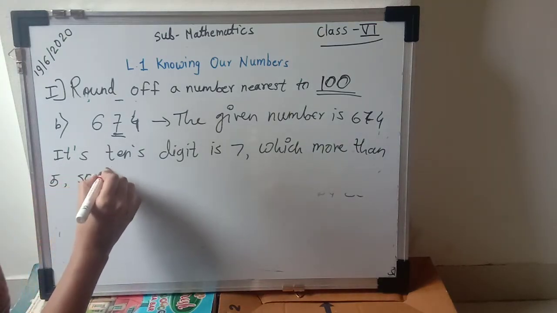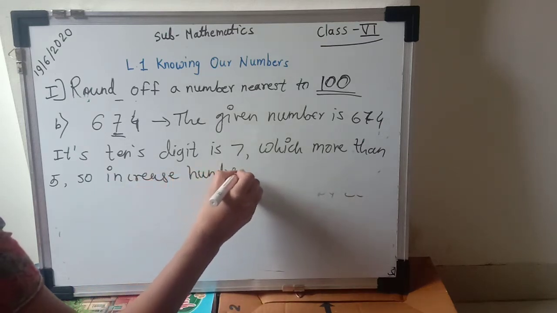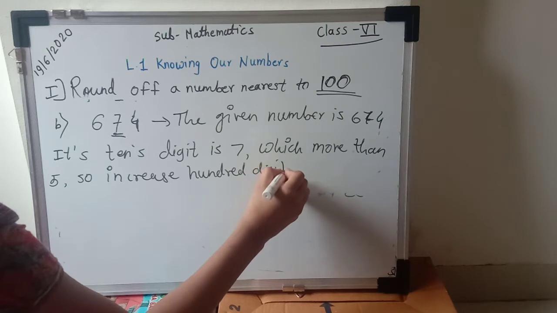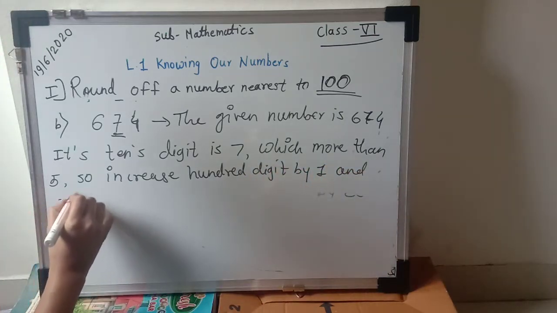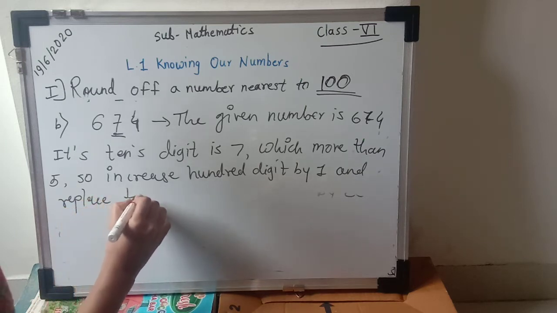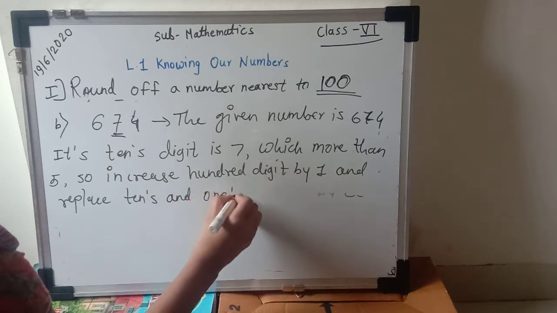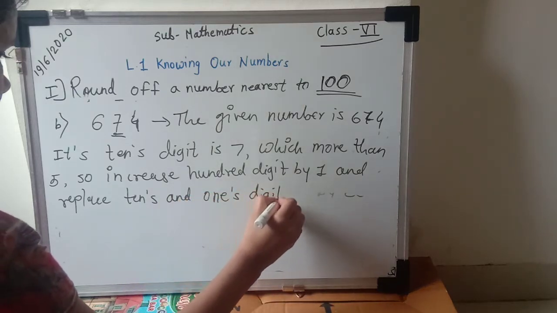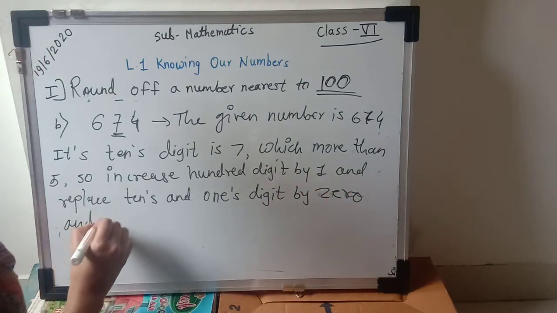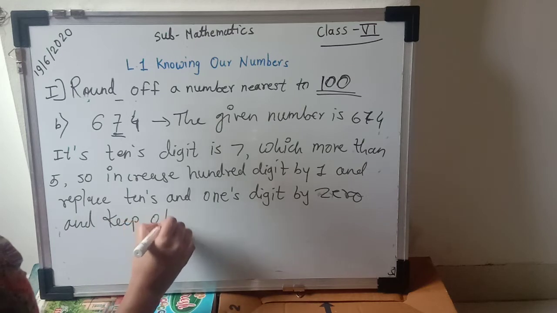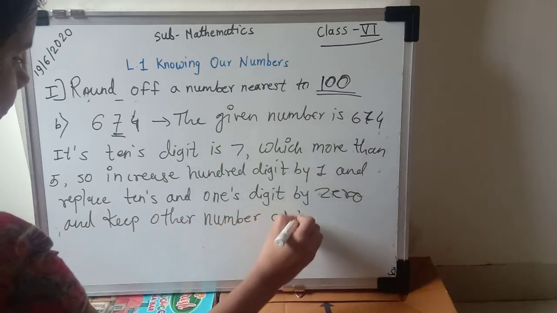So increase the hundreds digit by 1 and replace the tens and ones digit by 0, and keep the other numbers as they are.